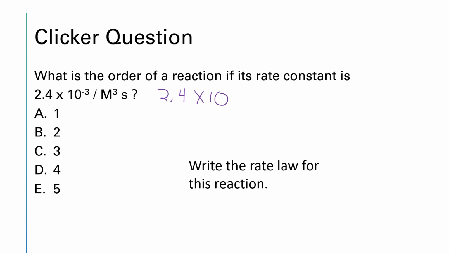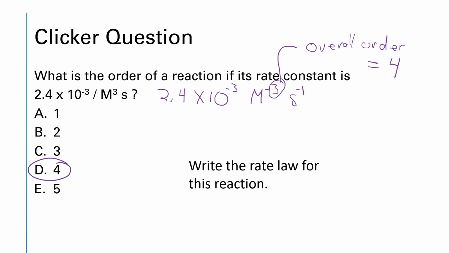So this would be 2.4 times 10 to the negative 3, and then molarity to the minus 3, and seconds to the minus 1. Okay, so here's the pattern. This number right here, 3, is 1 less than the overall order. So the overall order has to be 1 more than 3, which is 4. So this is going to be a fourth order reaction.